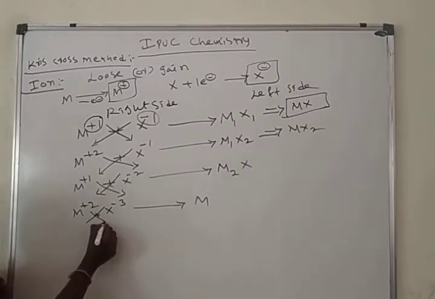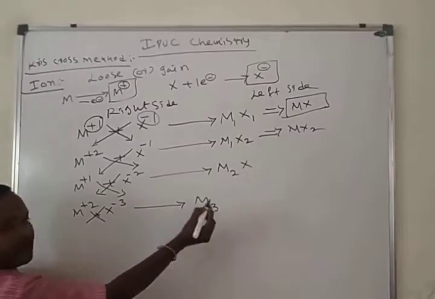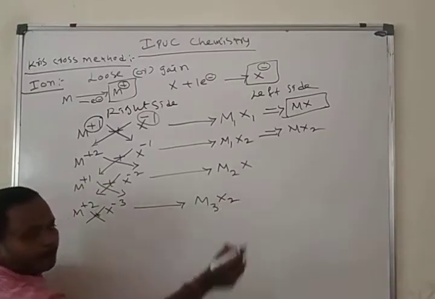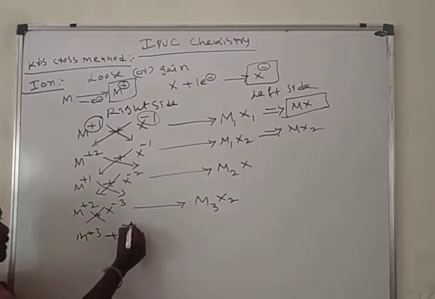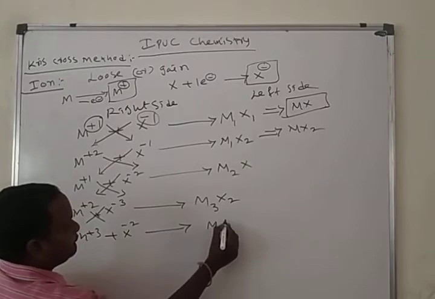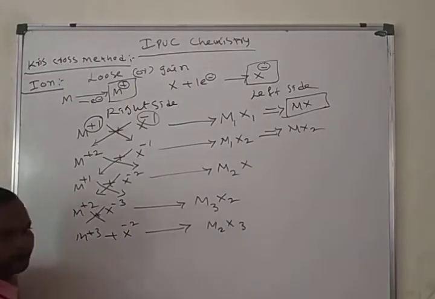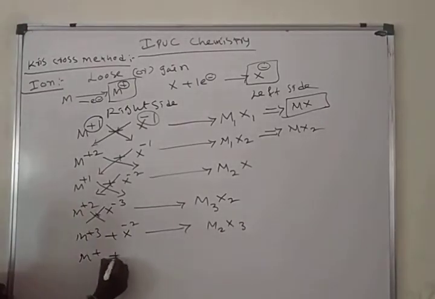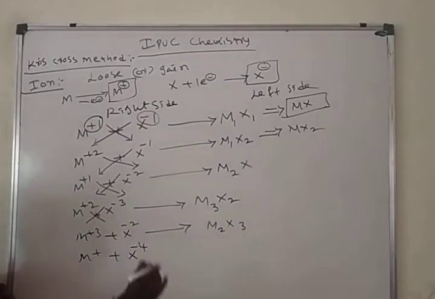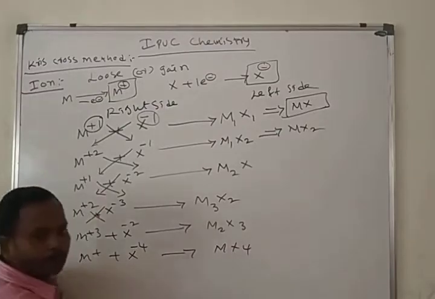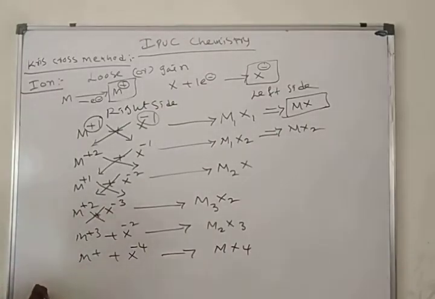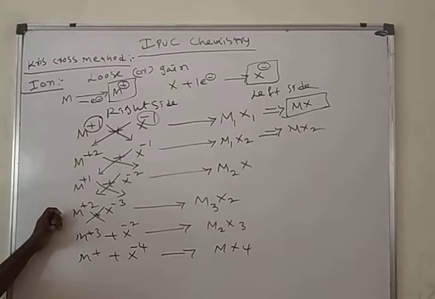What is it? M3X2. If M plus 3 is there and X minus 2 is there, what is the formula of that one? M2X3. Suppose M plus 1 is there and X minus 4 is there: MX4. Okay, understood now? We follow like this only.